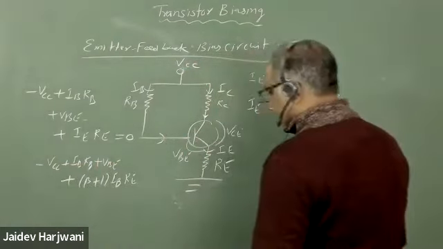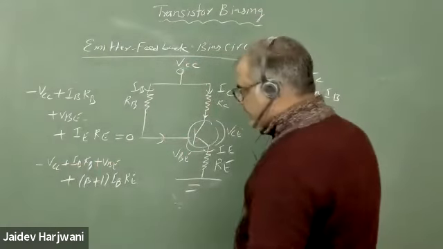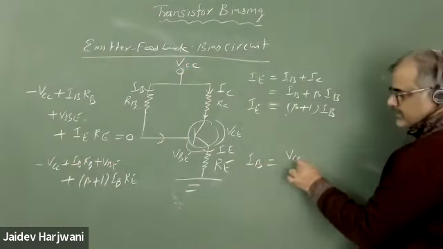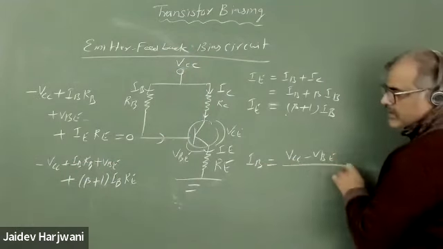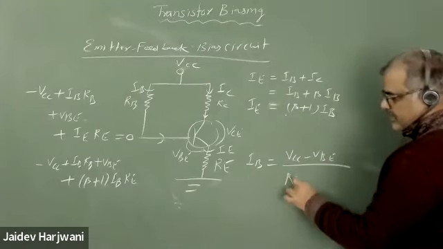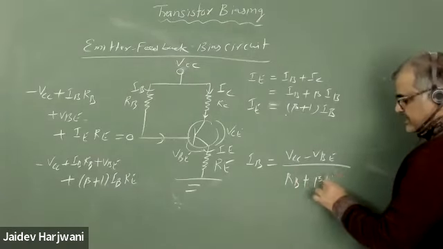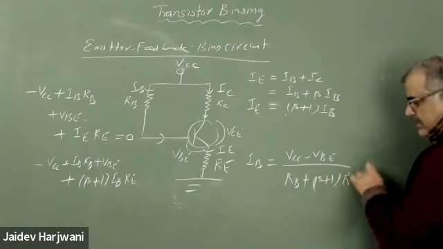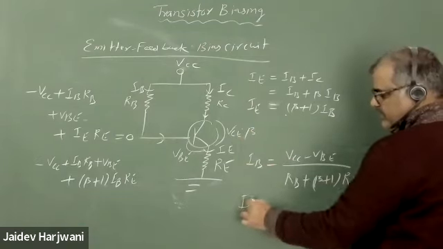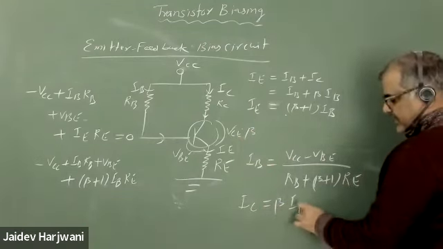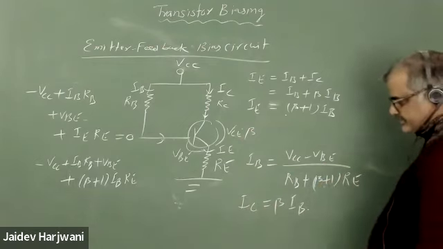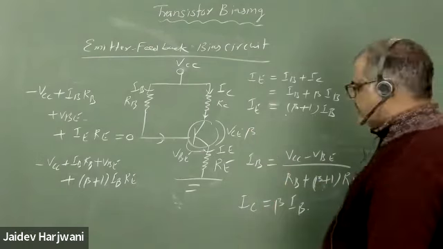This will give me IB equals VCC minus VB. If I take IB common, then this is RB plus beta plus 1 RE. So knowing IB, you can find IC by taking beta IB. Here also there is a check, beta is keeping a check on your IB.